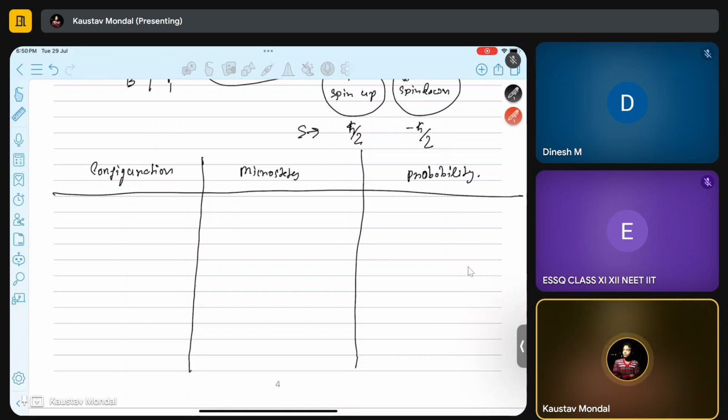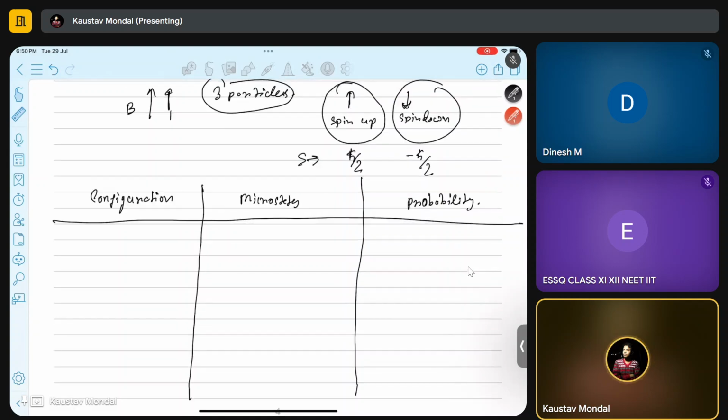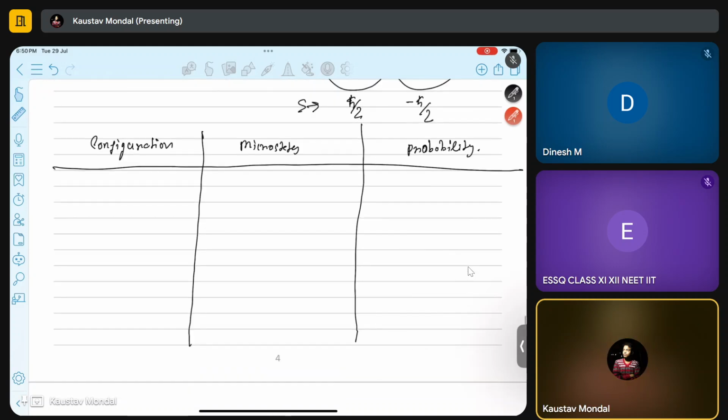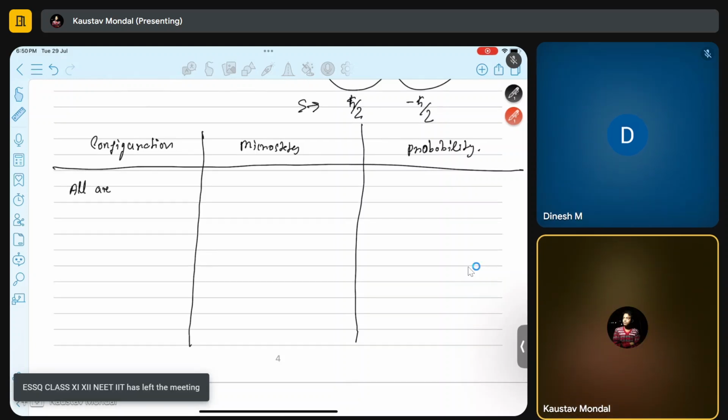As you have all guessed, the first configuration, or macrostate, whatever nomenclature you use, is all in the up state.